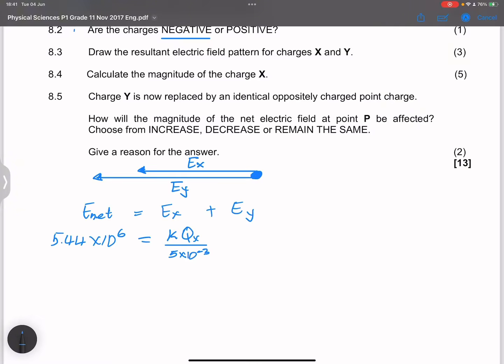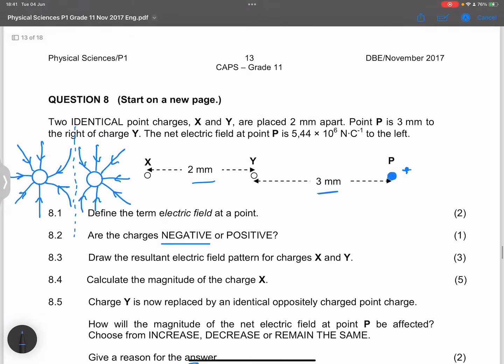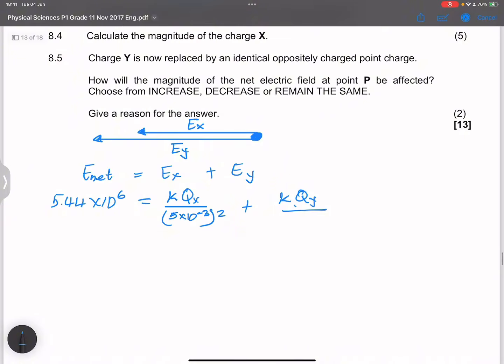Note, this is in millimeters, and we must square that distance. Plus, in this case, it would also be KQY, and the distance between Y and P is 3 millimeters. So that would be divided by 3 times 10 to the negative 3 squared.